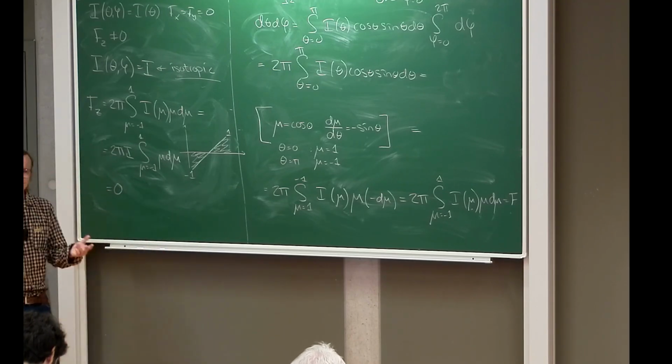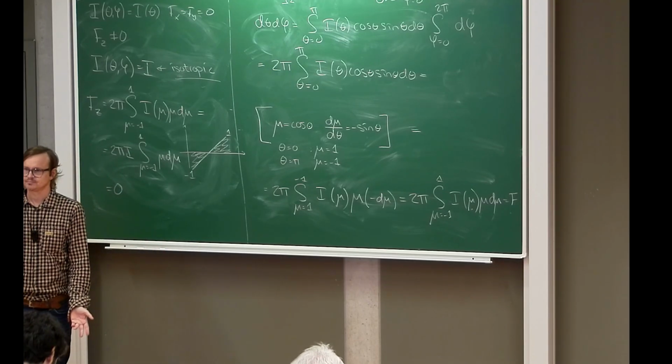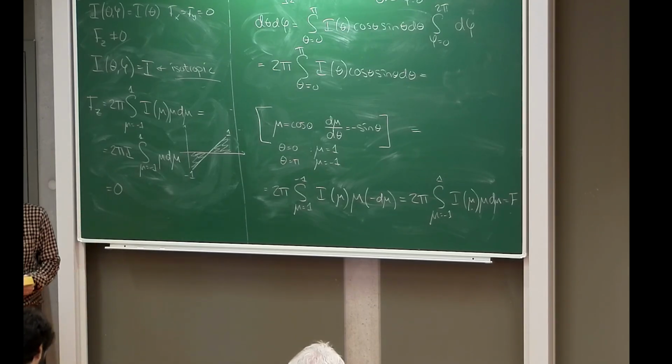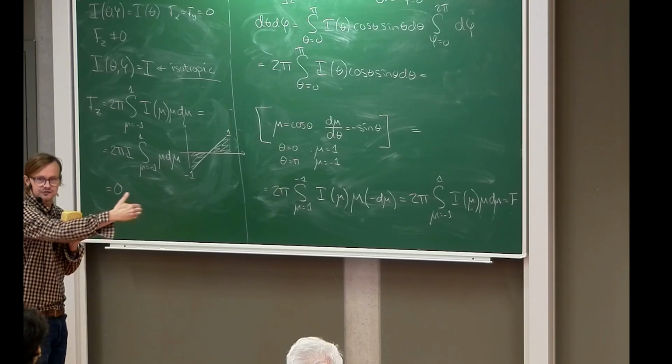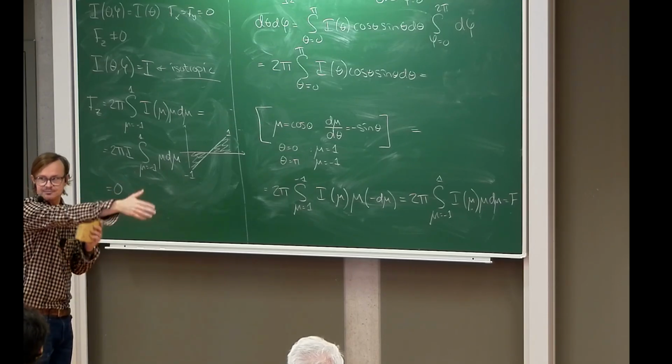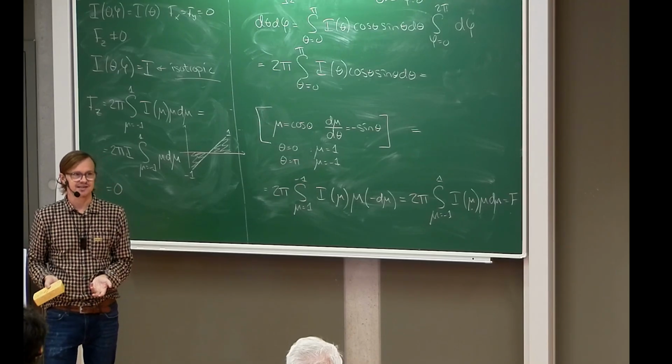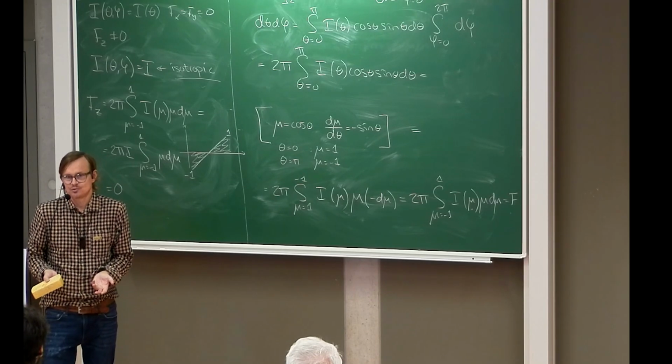Interestingly, let's see what happens to the energy density. Intuitively, what do we think? If we have an isotropic radiation field, will we also get a 0 energy density? Remember, the energy density was referred to as the mean intensity as well, right? It's a mean property. So it's not a net difference like the flux. The flux works with a difference. It's that minus that. But if you take an average, a mean intensity, an energy density, then you just add them up and average them in all directions.